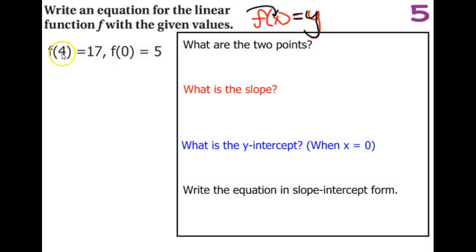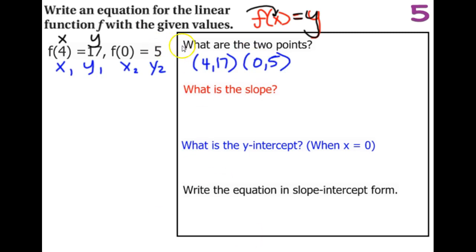So this is really x, and this is really y. So we need to label our points x1, y1, and x2, y2. So if you wanted to label your points as 4, 17, and 0, 5, you could. Writing them out like this might help you to find your slope or to label your points.